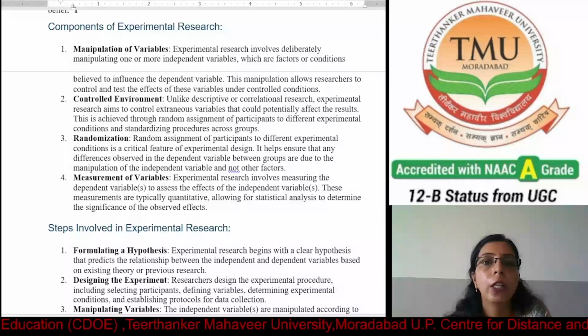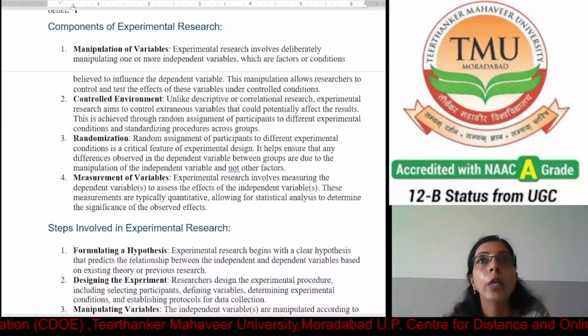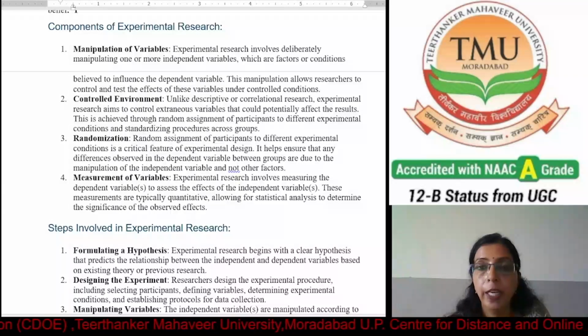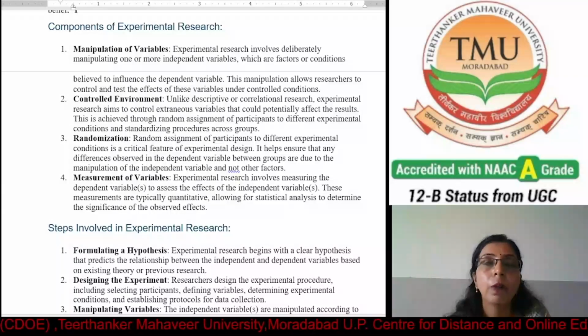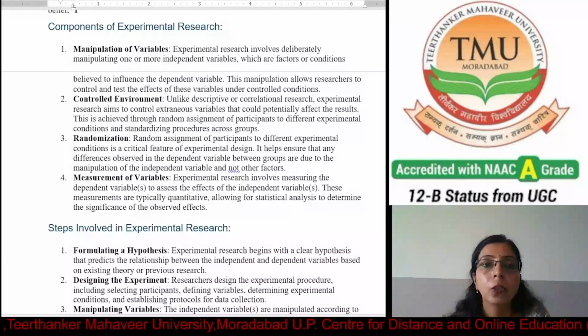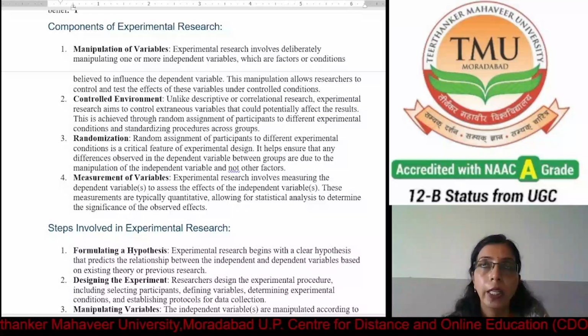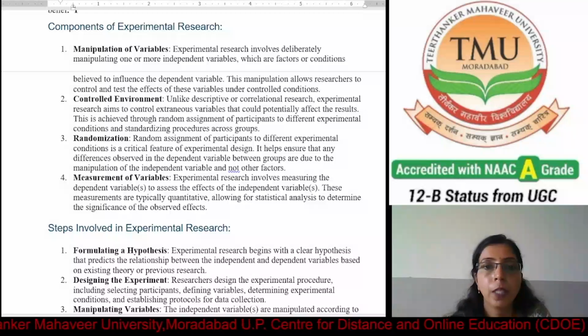So in order to control these factors, the researcher ought to know and clearly define these at the time of designing an experiment. In other words, we should know the factors or the sources that are responsible for any kind of error.